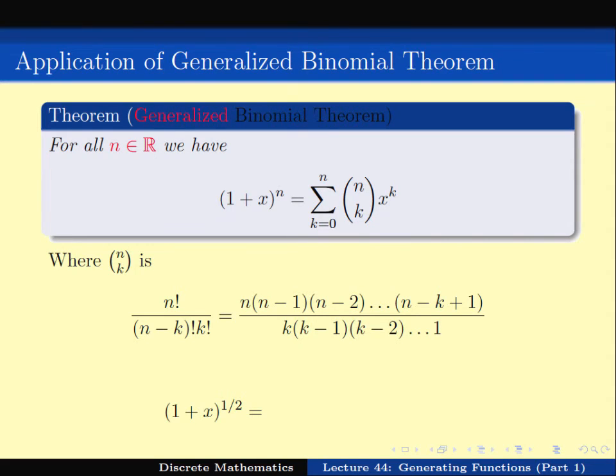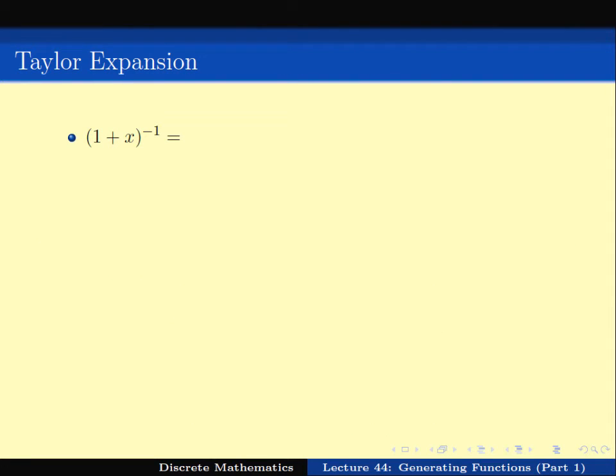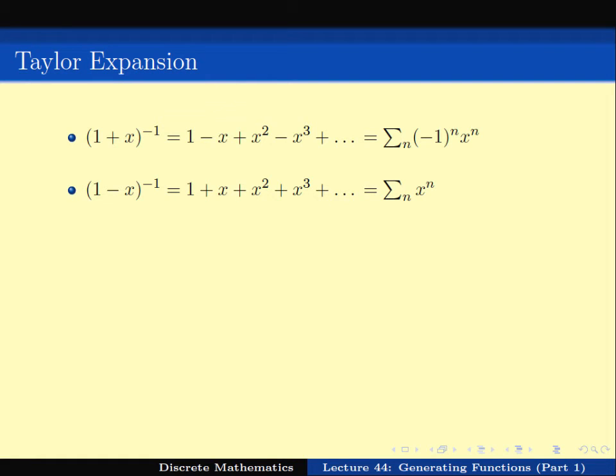Similarly, for (1 plus x) power -2, we can write down an expression like this. This is what is known as Taylor expansion or Taylor series. And we have the Taylor series for quite a number of them. As we just now saw, (1 plus x) power -1 is 1 minus x plus x square minus x cube, and so on. Similarly, 1 over 1 minus x is 1 plus x plus x square, and so on.